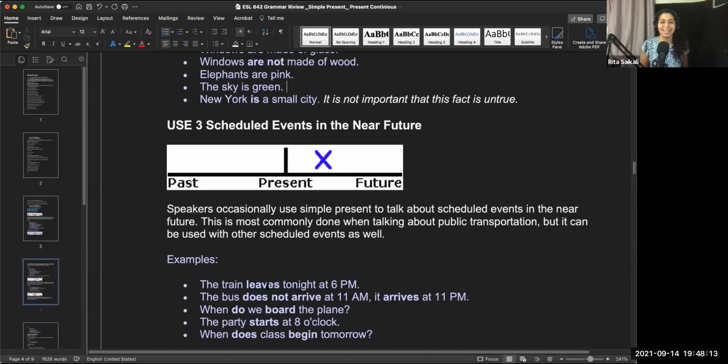So we can say the train leaves tonight at 6. As it says here, the speaker occasionally uses simple present to talk about a scheduled event in the near future. This is commonly done when talking about public transportation, but it can be used for other scheduled events as well.